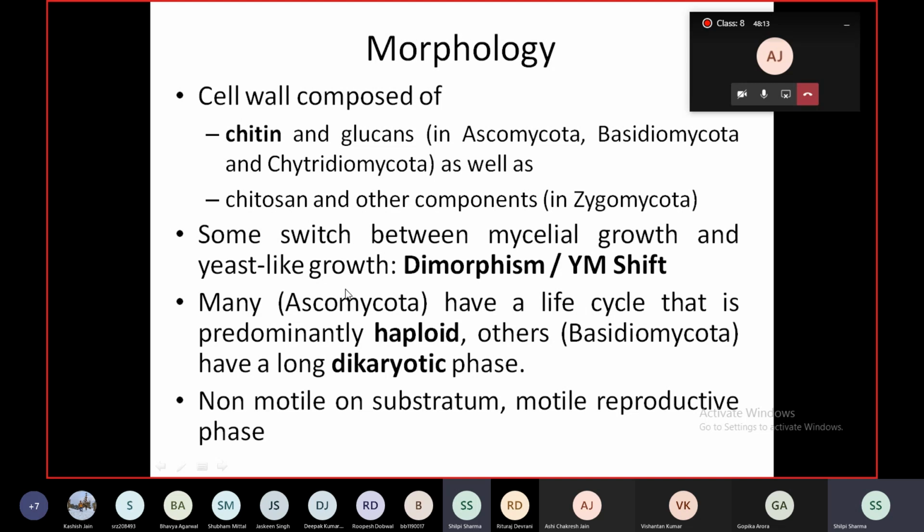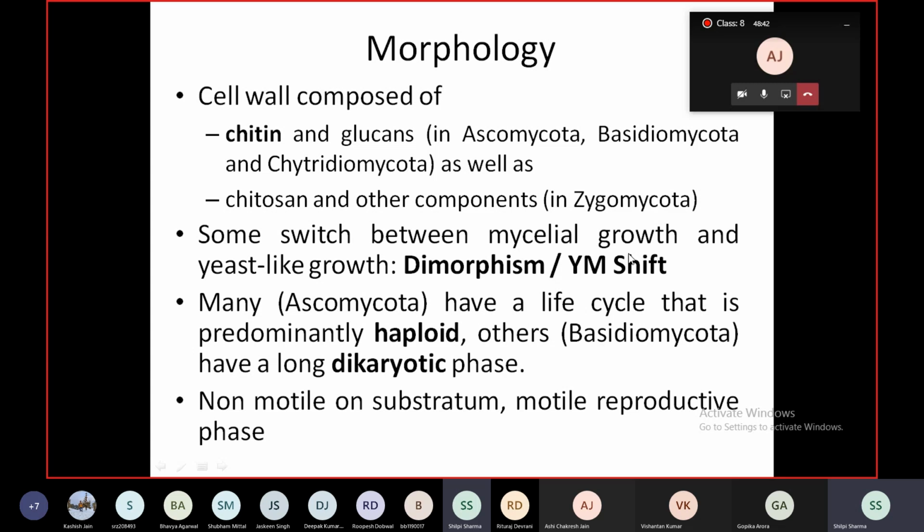There are fungi called dimorphic fungi that can switch between mycelial form and yeast-like growth. And this phenomenon is called the YM shift, Y for yeast-like and M for mycelial shift. This is depending on the growing conditions, though mostly fungi are multicellular organisms. This is very unique to the fungal kingdom.